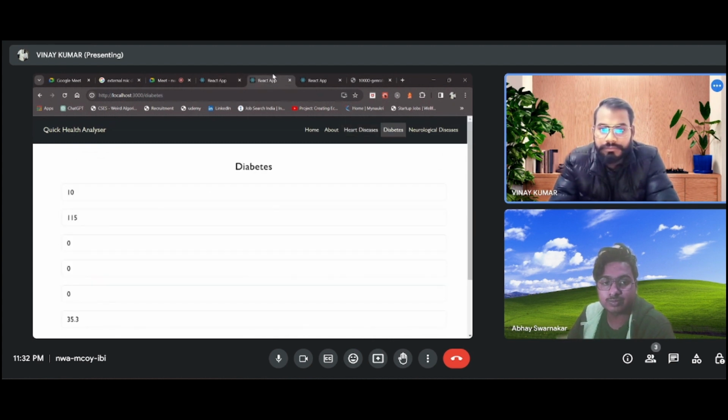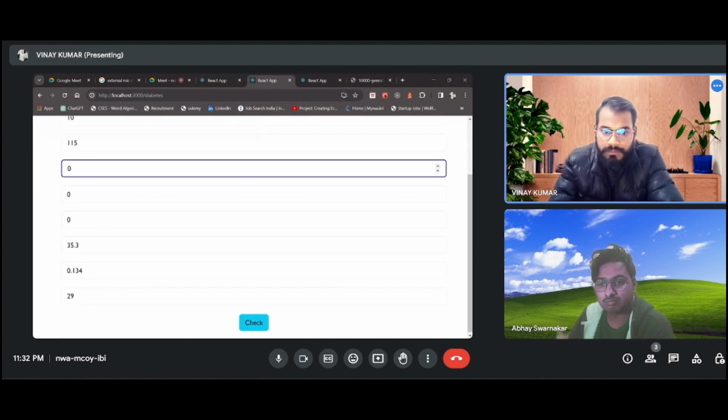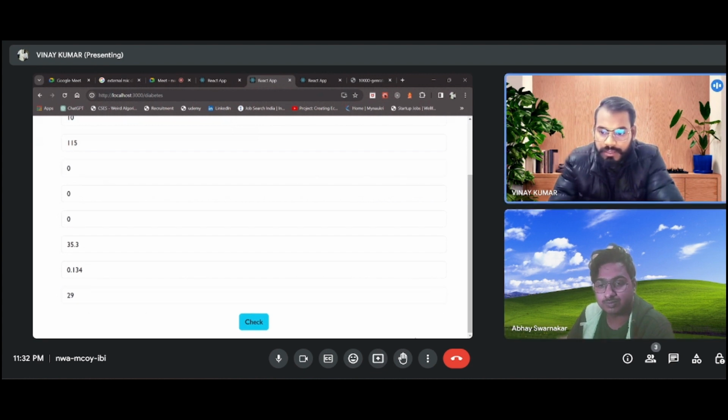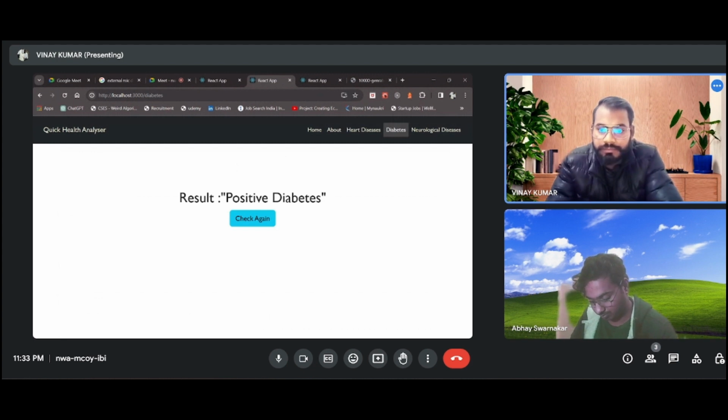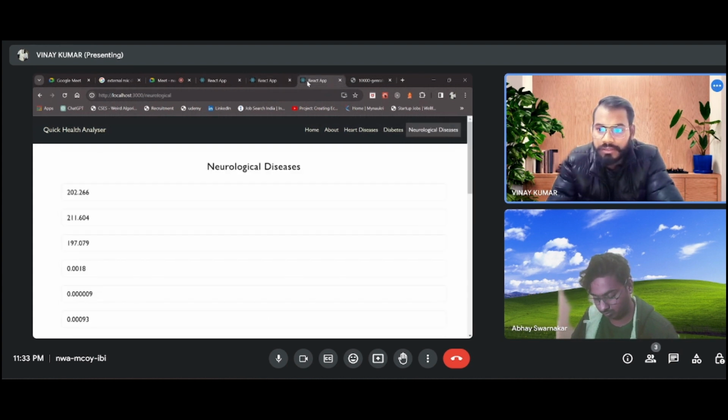Now we come to diabetes. Here we have filled in the information about diabetes, and by clicking check, we can check the disease. It's positive for diabetes. By clicking check again, you can check again. Now we come to the neurological disease, Parkinson's.